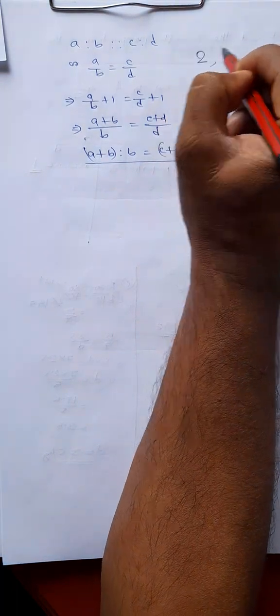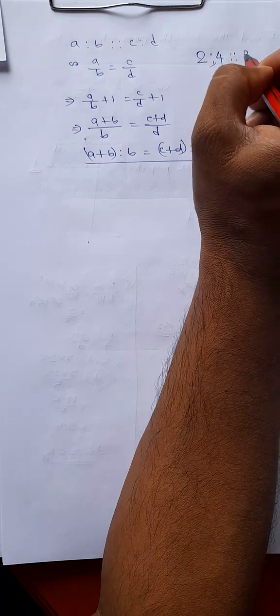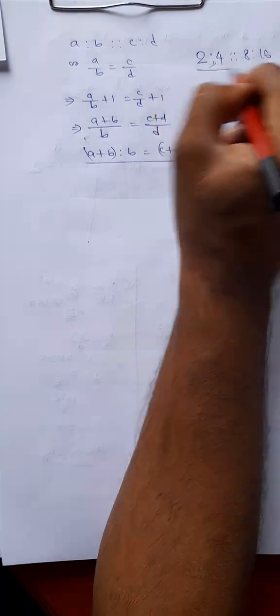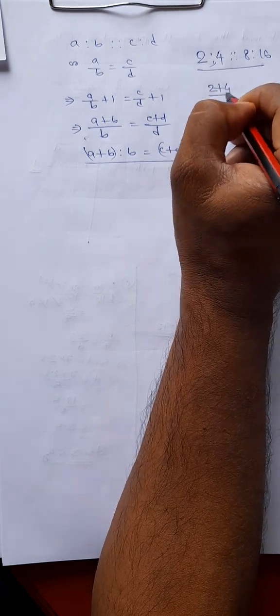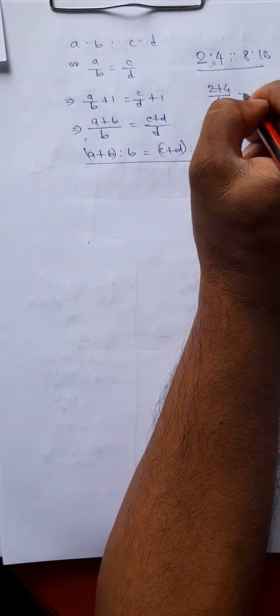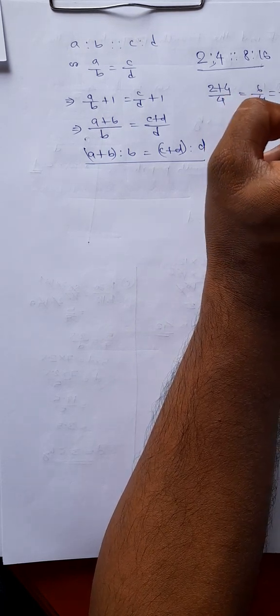Now let's prove this. 2 is to 4 proportional to 8 is to 16. Now you see, A plus B, 2 plus 4 divided by B. What is this? 6 by 4. This becomes 3 by 2.